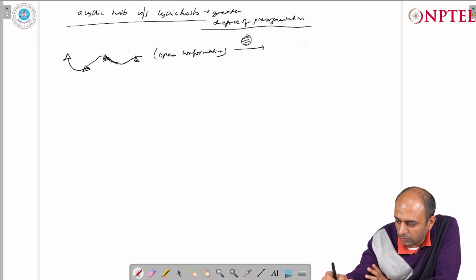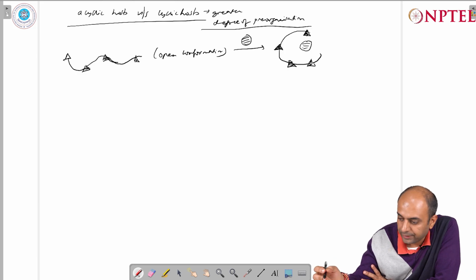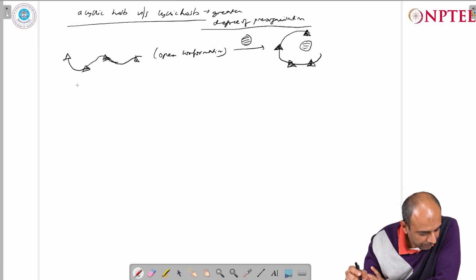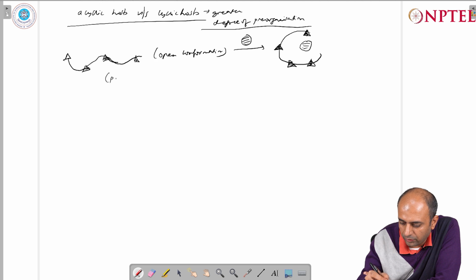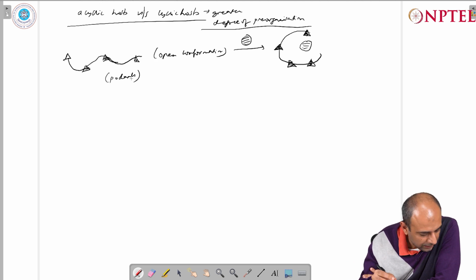This is the guest molecule, and finally the guest molecule has to get encapsulated by the host molecule. This is one kind of binding, and such ligands which have an open conformation are referred to as podands. We will come to more examples of podands later, but this is a schematic representation.